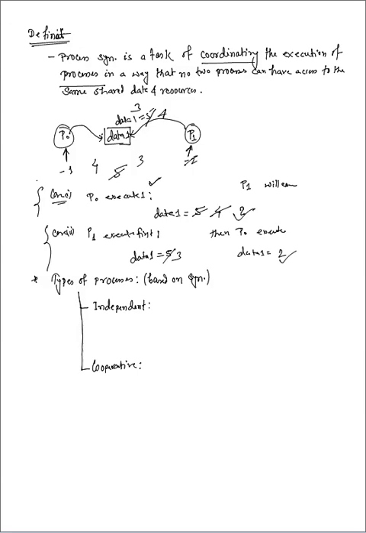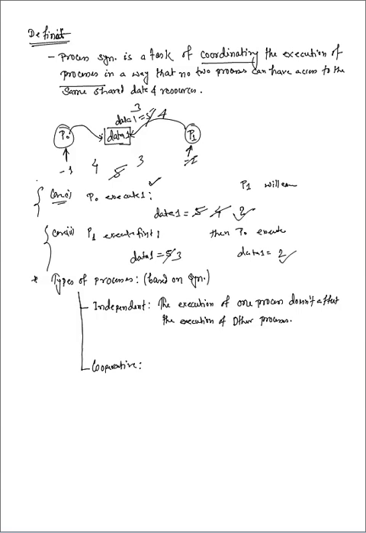So you can write down: independent processes are those processes where the execution of one process does not affect the execution of another process, right?